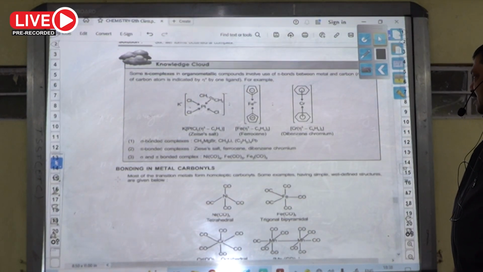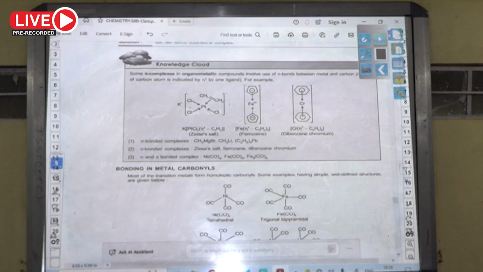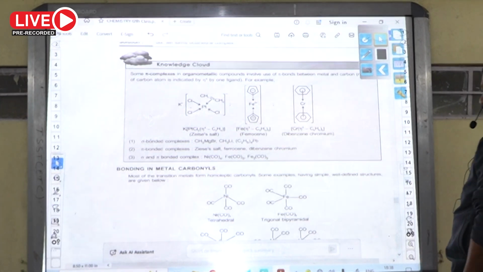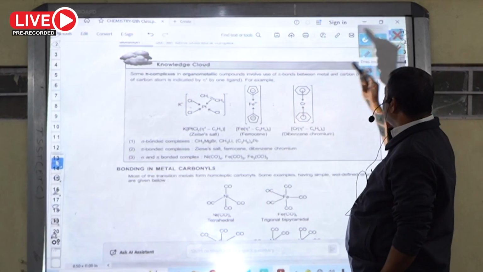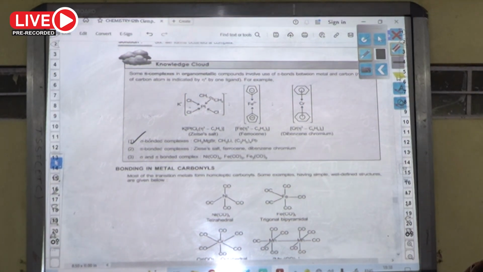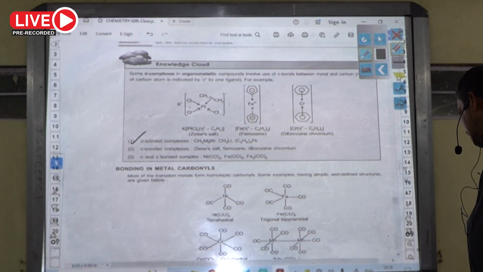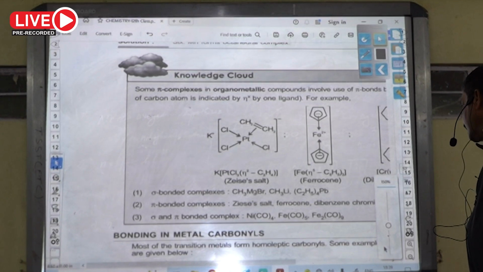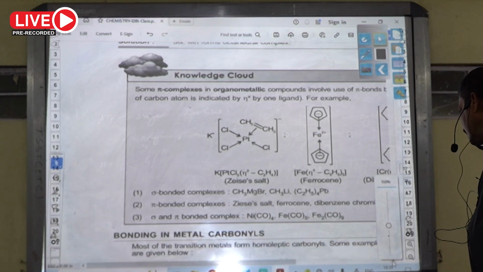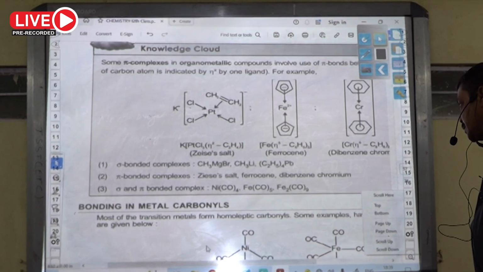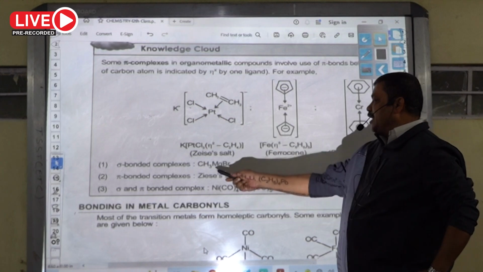Sigma bonded organometallics, for example, Grignard reagents, CH3MgBr, methyl magnesium bromide.